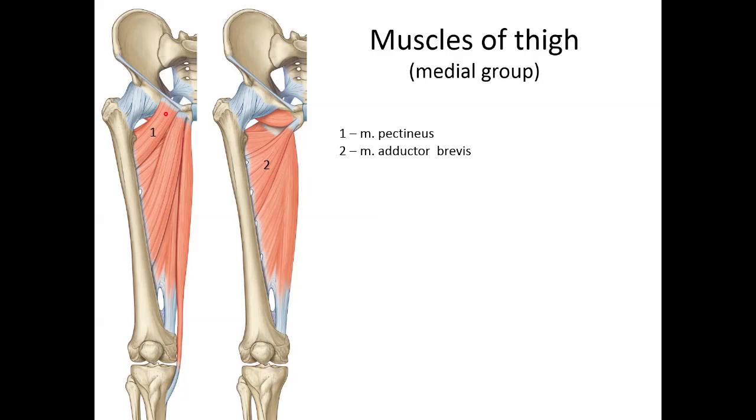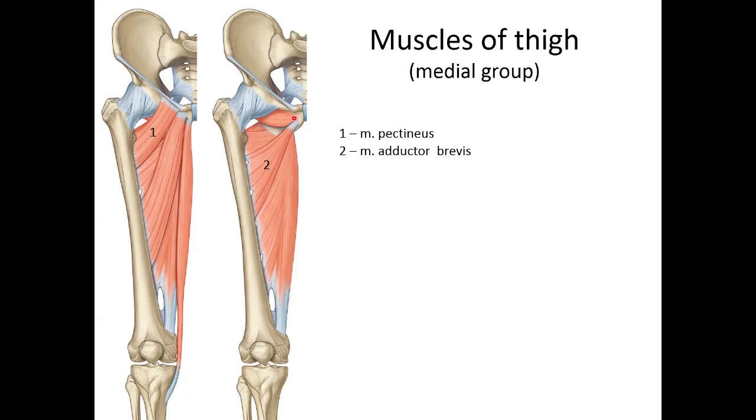First of all, let's discuss the difference between these two pictures. The left picture has more superficially located muscles. In the right picture, musculus pectineus is absent.